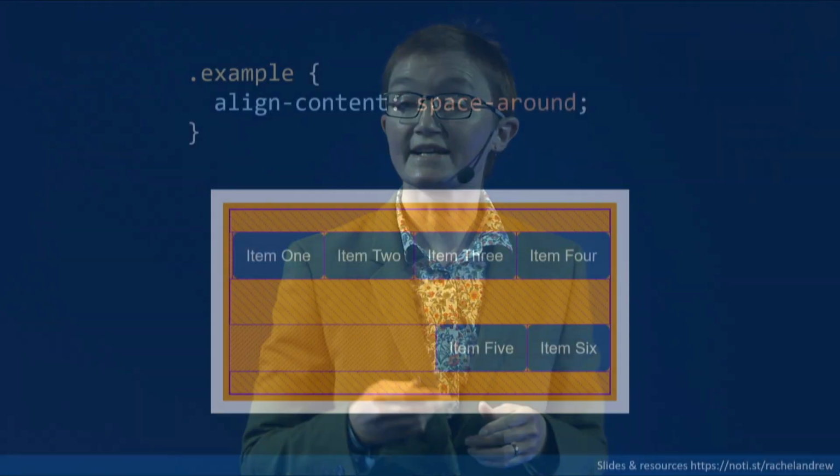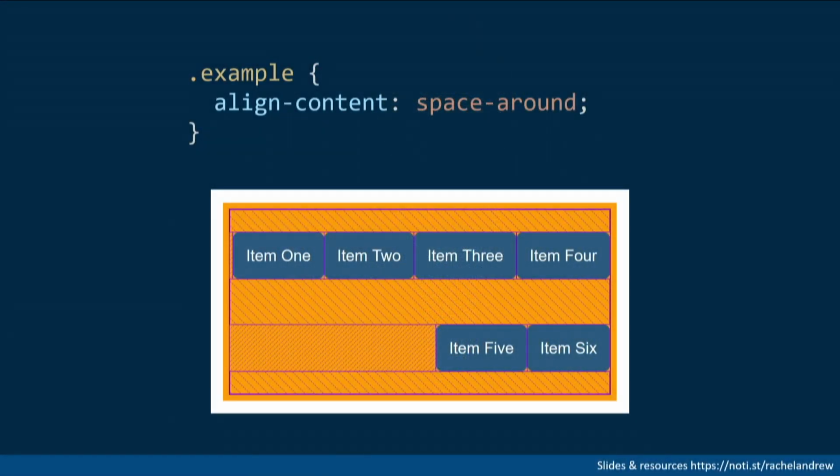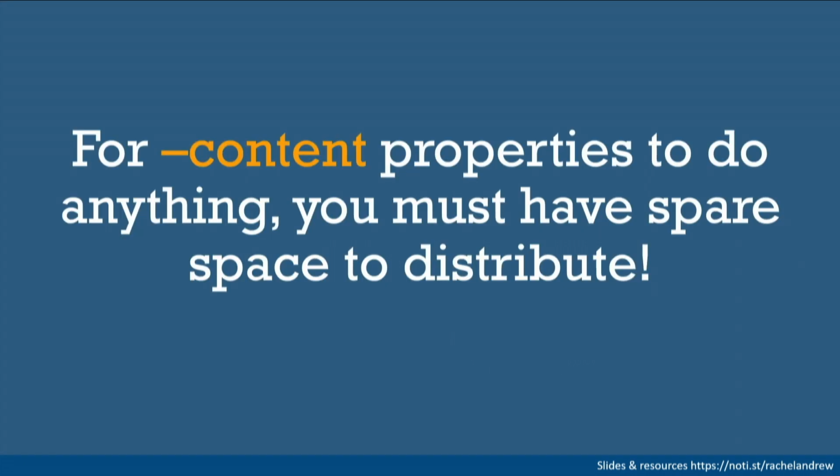So I've got justify content flex end, and the items all move to the end, and the space is put before them. You can use align content in Flexbox as long as you've got space on the cross axis. So here I've got some wrapped flex items. I've got some extra space. I can say align content space around, and the items space out just as they would on the main axis.